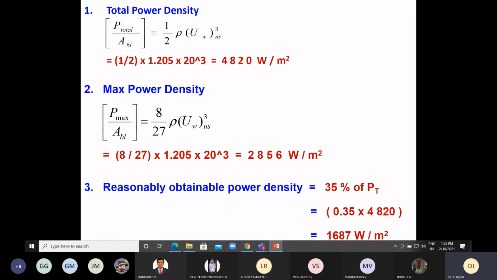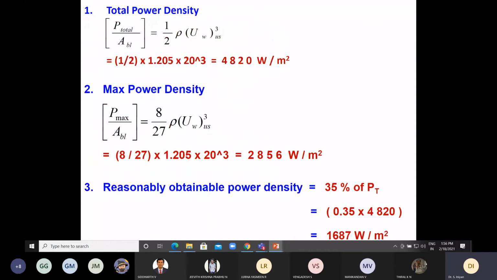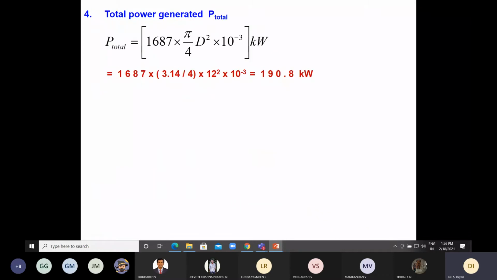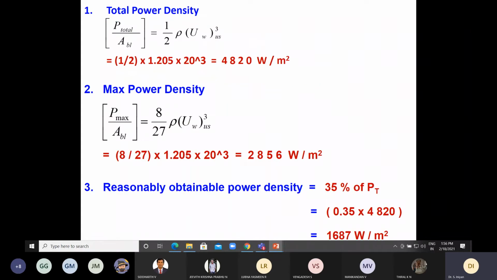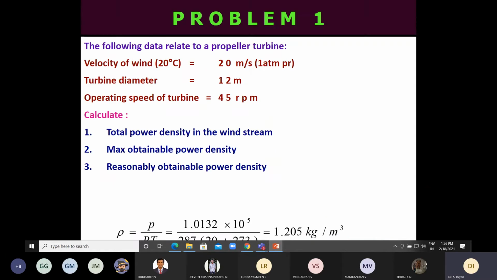Just note down the formulas. Now you can do the problem based on these formulas.